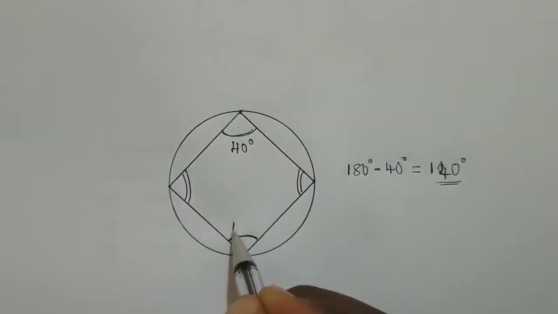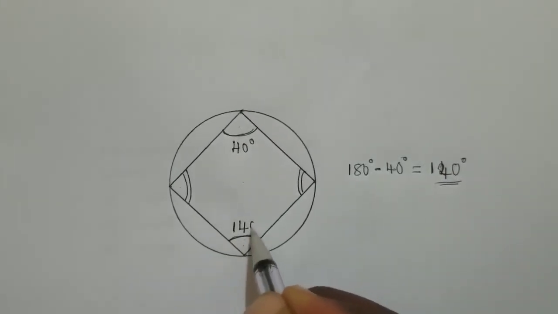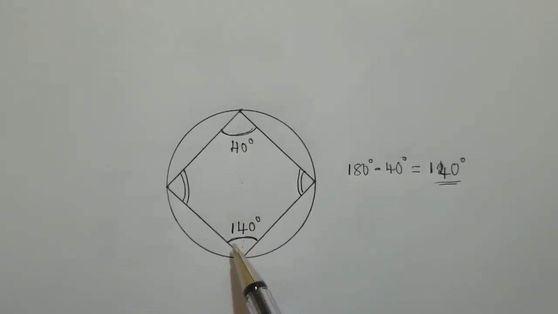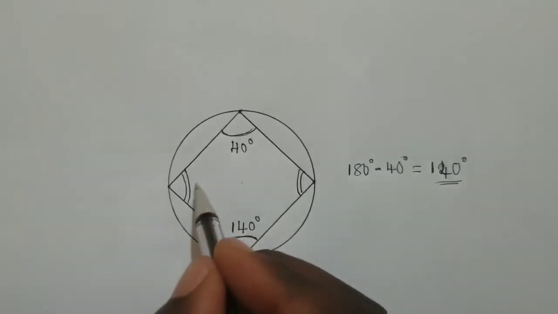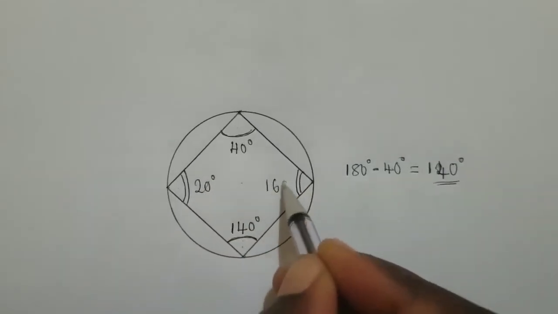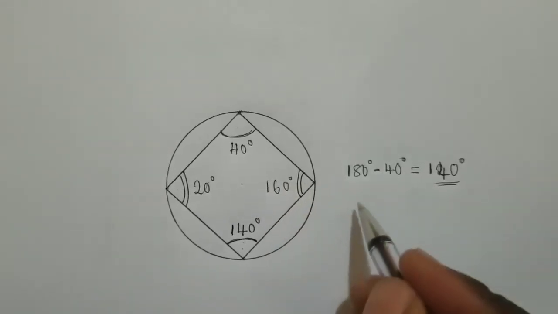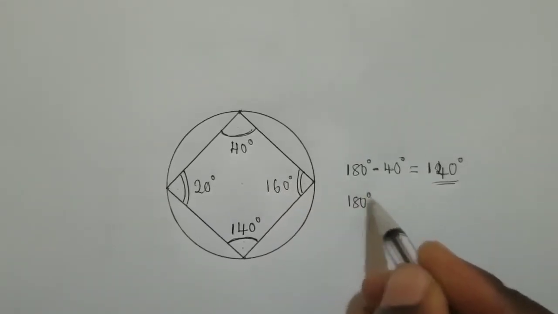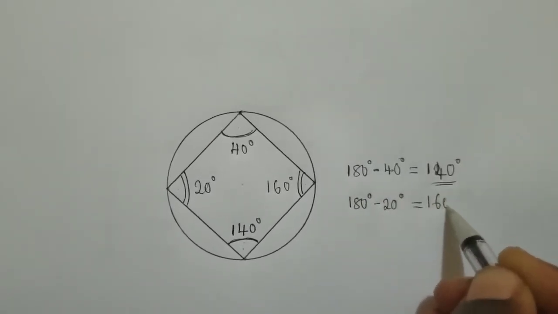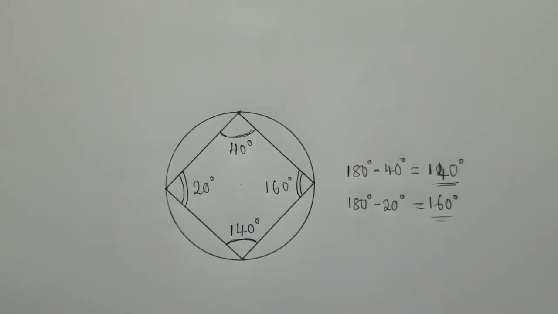So meaning the angle here is 140 degrees, such that when you add these two, you're getting 180. Let's say this is 20 degrees. What will be this angle? It will be 160 degrees, because we're going to say 180 degrees minus 20 degrees, which is giving us 160 degrees. Like that. Okay.